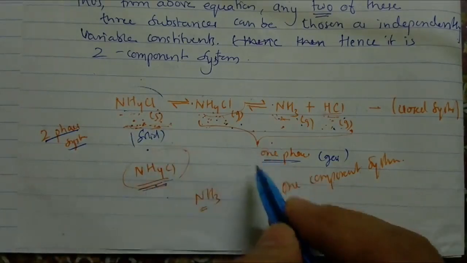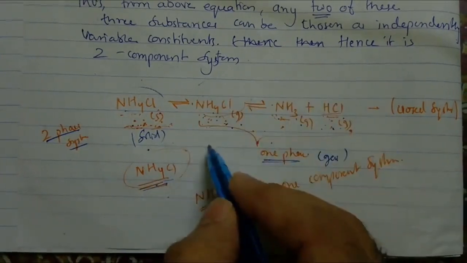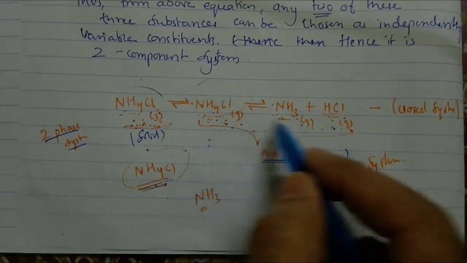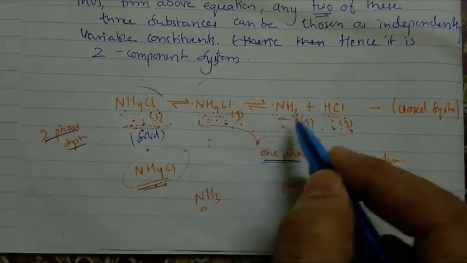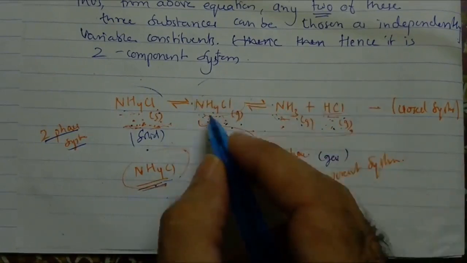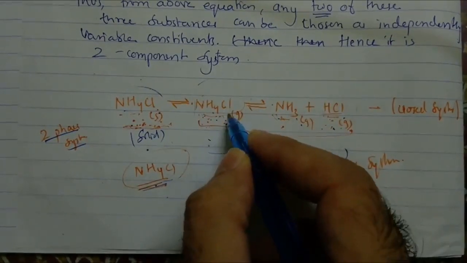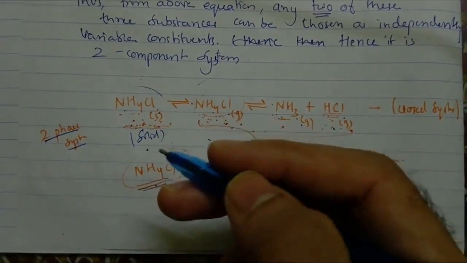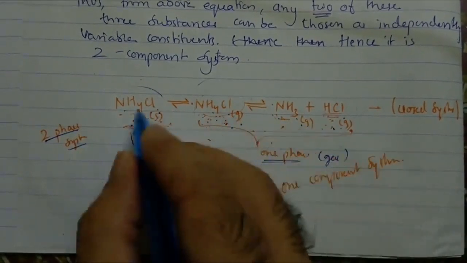Now come to the gas. In the gas phase also, this is one complete phase. Any one of these I can take as a constituent which will express the composition of this phase. For example, if I take NH4Cl again, the composition of this phase can be expressed by NH4Cl alone.